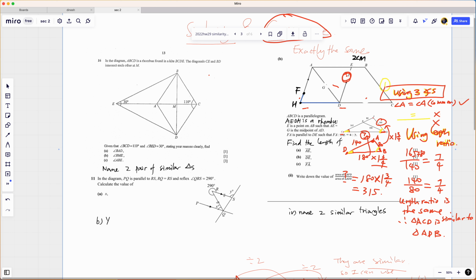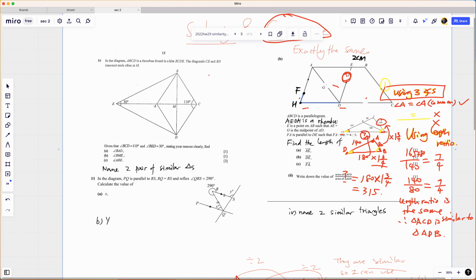Can you label? Why is it a right angle? 90 degrees. Okay, good. Label 90 degrees. Can you use a skinnier stroke? Okay, good. Then what else do they ask?